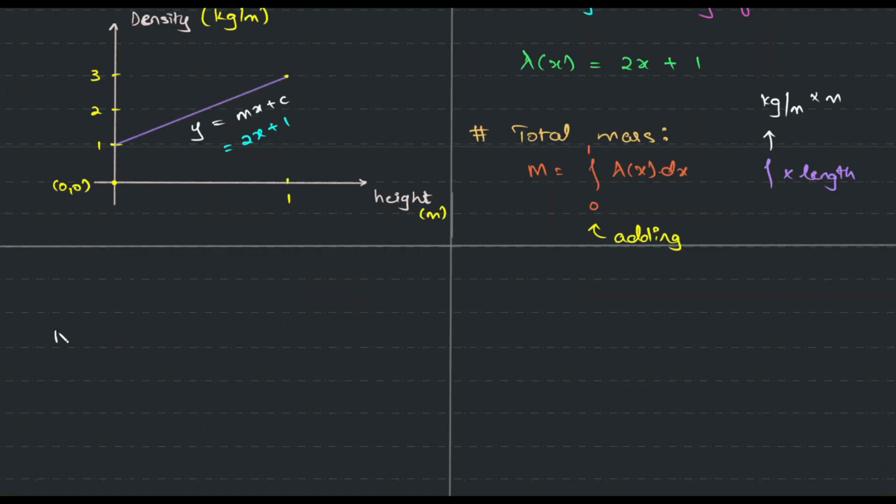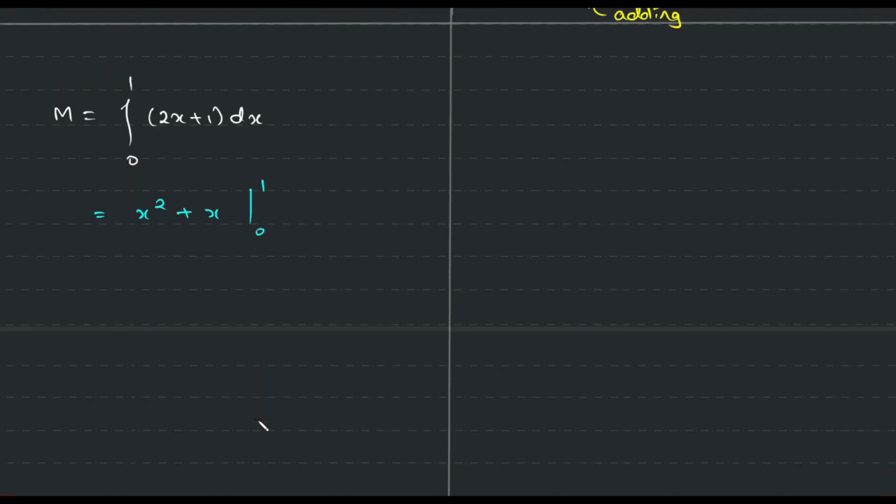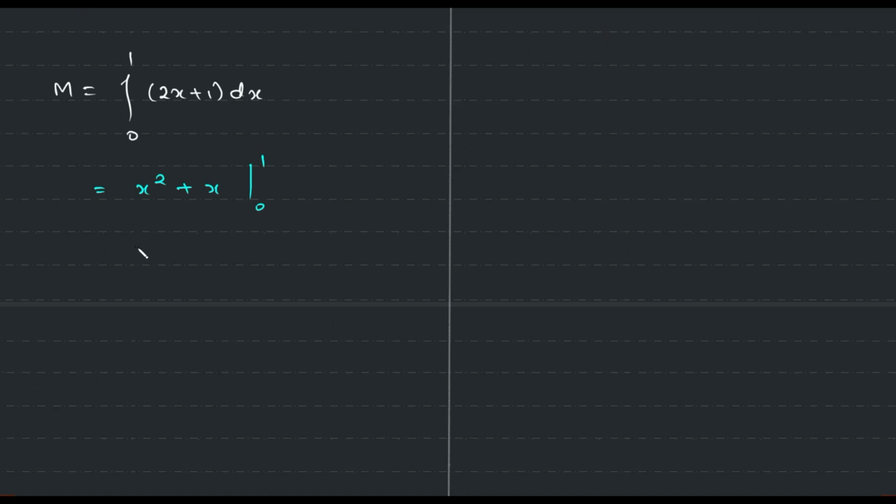Okay, so we'll get the mass basically. So m is equal to integration from 0 to 1 of 2x plus 1 dx. This is equal to x square plus x, from 0 to 1, and this is nothing but 2 kg.